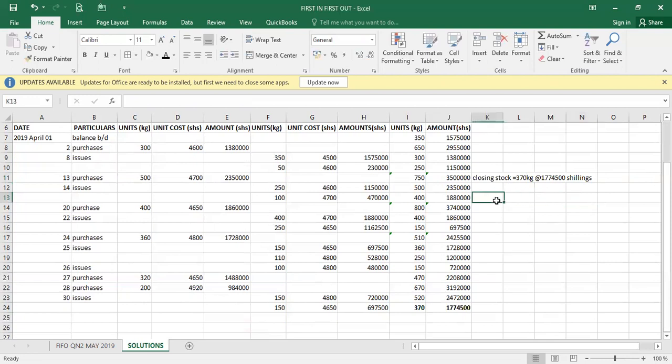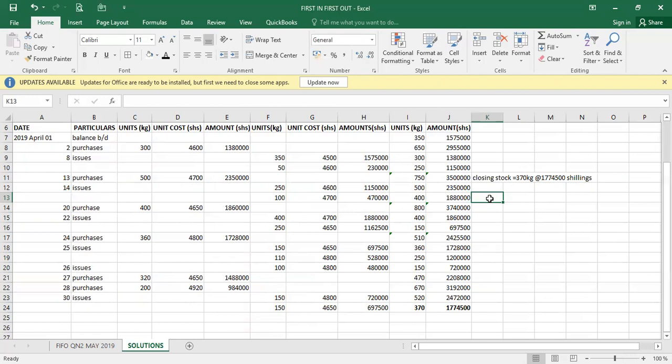How can you prove that, if you want, you can prove that. Remember we said using FIFO, we said that this stock you are seeing, the closing stock that is going to remain here, is part of those recent purchases we made. Meaning, of the purchases we bought on 27th, the 320, we issued out only 150.